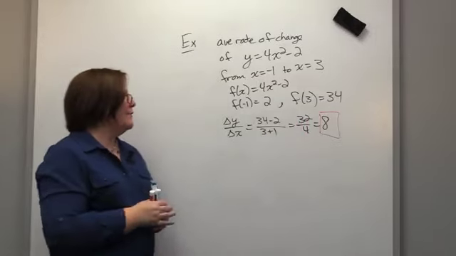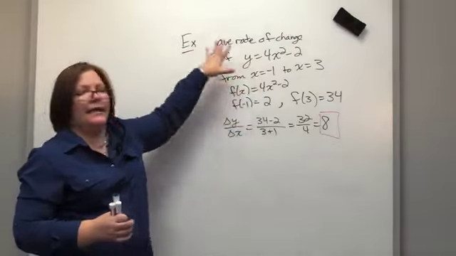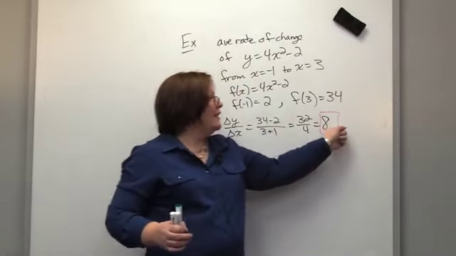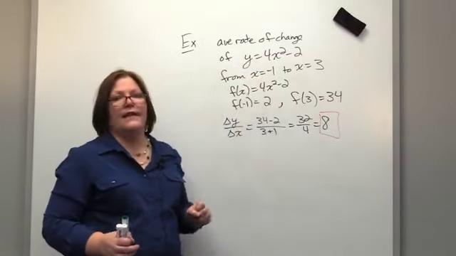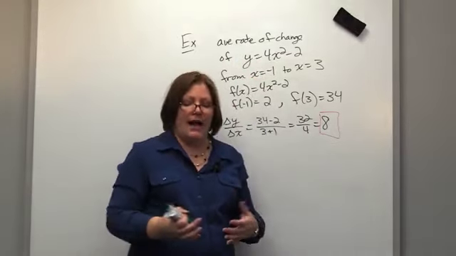What does that mean when we don't have any meaning attached to this? Right now we don't have any units for this because there were no units attached to the y or the x. But what does that mean as far as the graph goes?